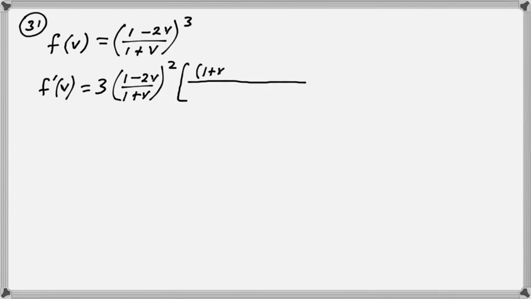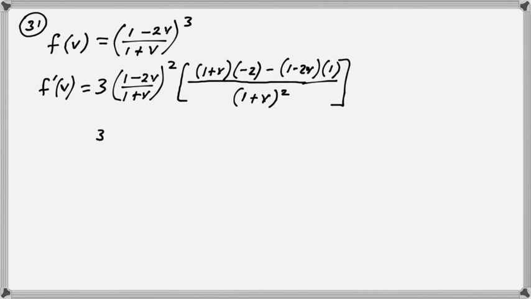So you have the bottom times the derivative of the top minus the top times the derivative of the bottom, all divided by the bottom squared. So right now I have 3. I have 1 minus 2v, that is squared.